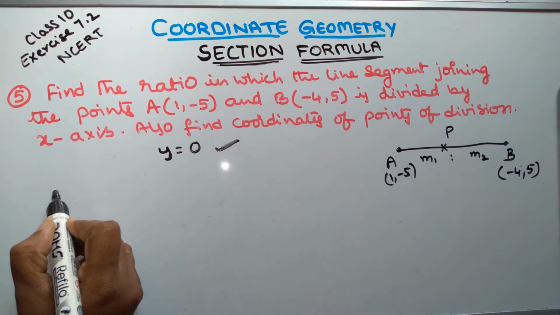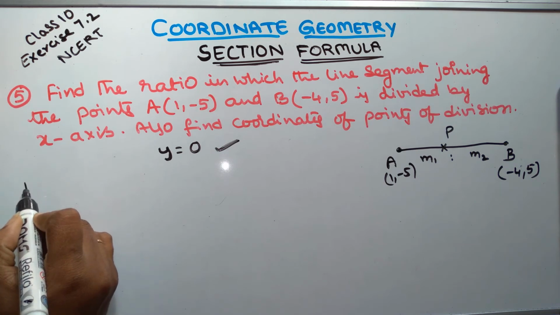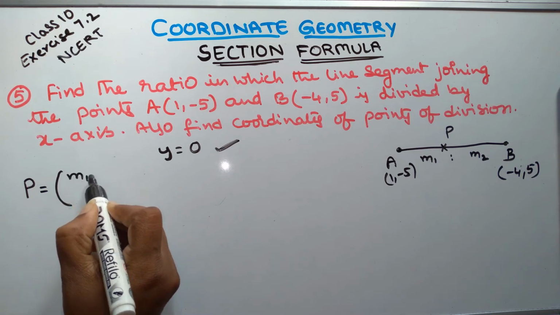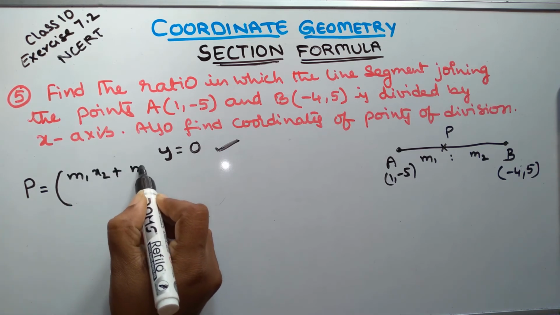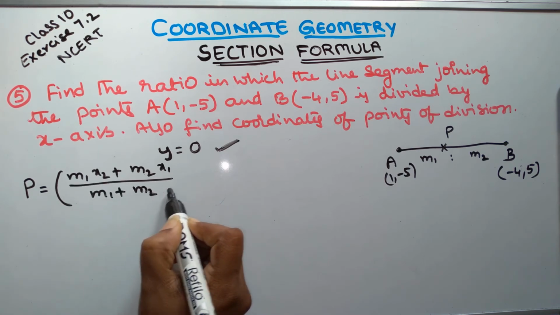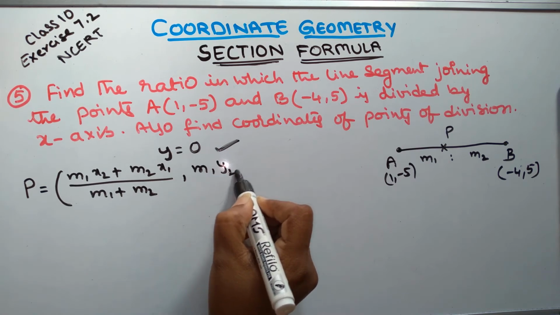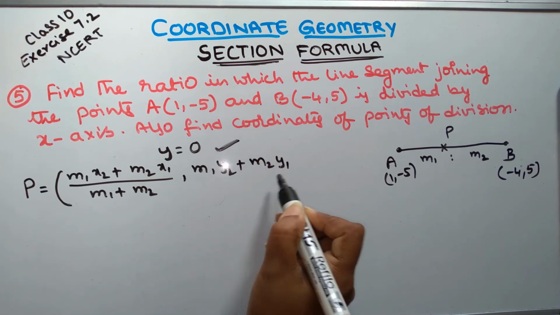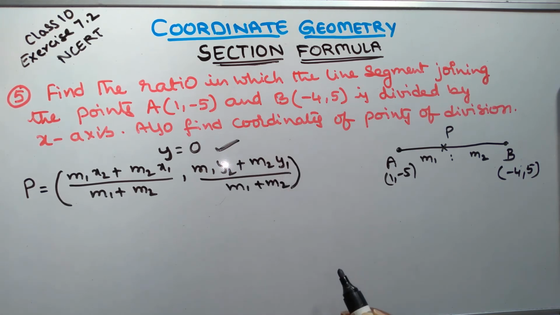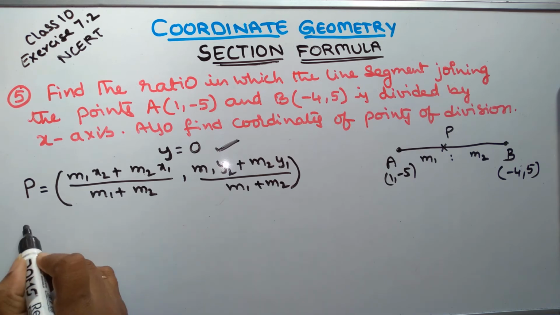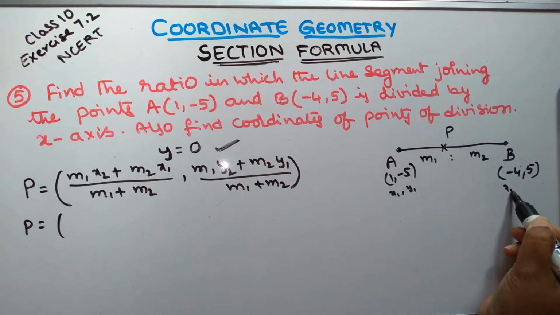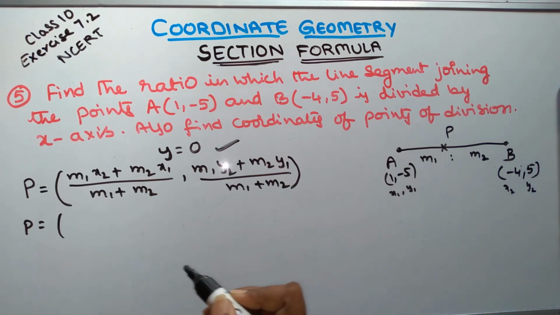Now the section formula for P is nothing but, we all know already, (M1 x2 plus M2 x1 by M1 plus M2, comma M1 y2 plus M2 y1 by M1 plus M2). Okay, so let us substitute the x1, y1, x2, y2 values from A and B points.